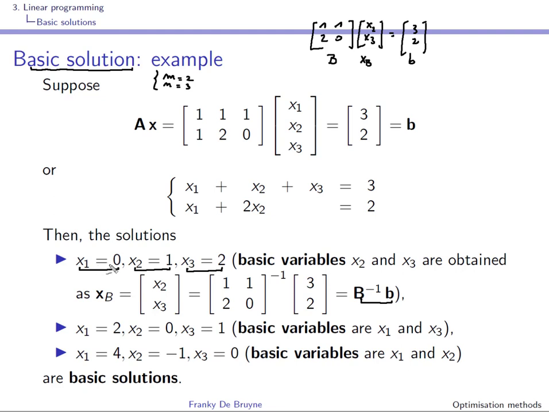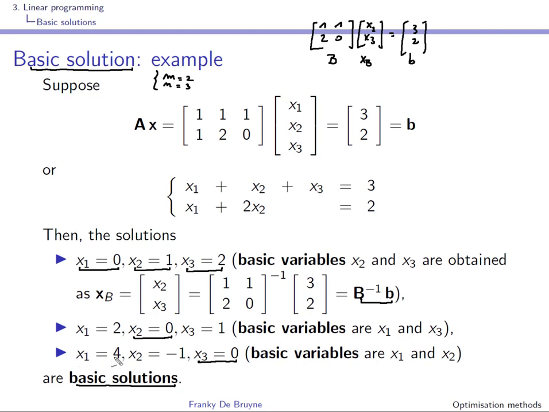So what you can do, of course, is something very similar and impose x2 equal to 0, and then you compute x1 and x3, or set x3 equal to 0 and compute x1 and x2. This will lead to basic solutions, right? Well, you can see here that this third solution leads to x2 equal to minus 1.